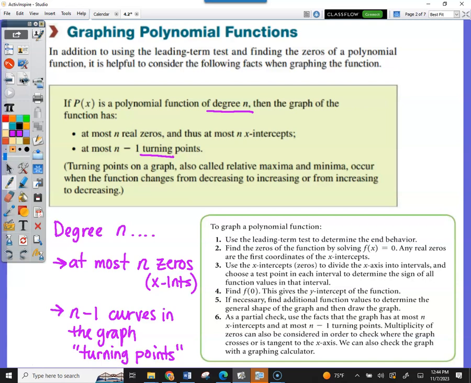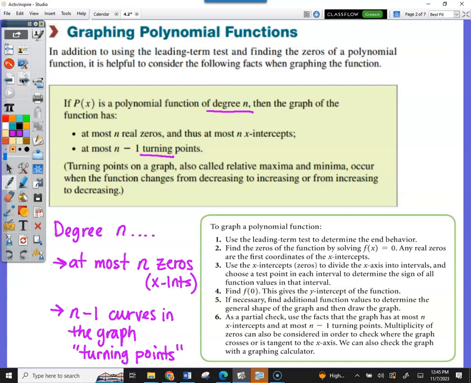It doesn't mean it will cross that many times in total, just up to that many times. So if you graph a quadratic, that's degree 2, but then you graph it and it's crossing the x-axis 6 times, something's wrong. A quadratic cannot cross the x-axis 6 times. So you use this to calibrate how many curves there should be.